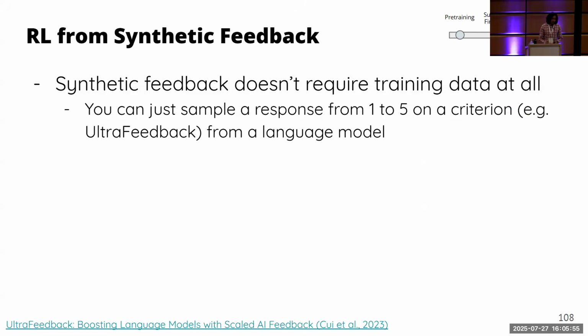And going even beyond this, you don't really need data for training at all when you're trying to have a producer of synthetic feedback. You can just prompt a model or sample a response from, say, 1 to 5 on a given criterion from a language model, and then that can be used directly for training with reinforcement learning.